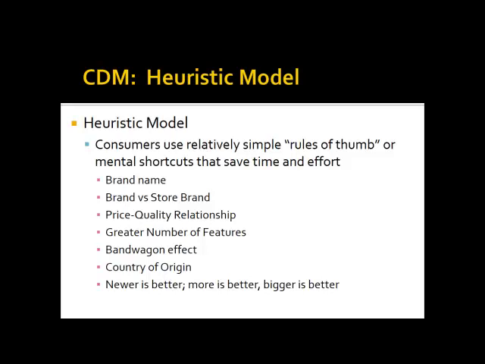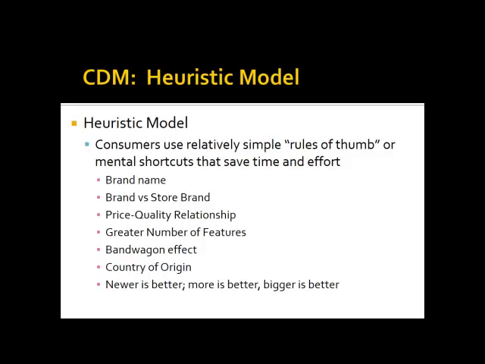Some examples are we might base decisions on brand name instead of looking at the features and attributes. We may look at the differences in the type of brand name, whether it's a store brand or a national or independent brand. We may decide that the price-quality relationship is important, so we can use price as an indicator of quality. Or we may figure that it's not important at all, and so we'll go with price.